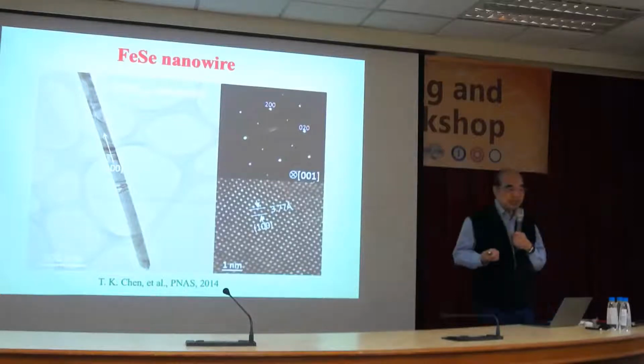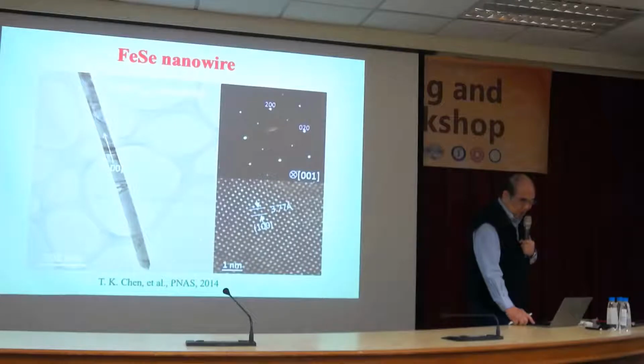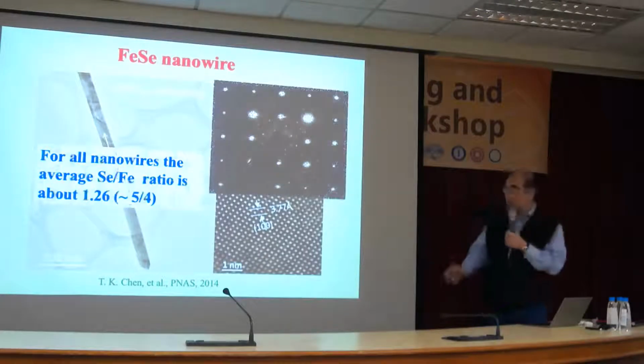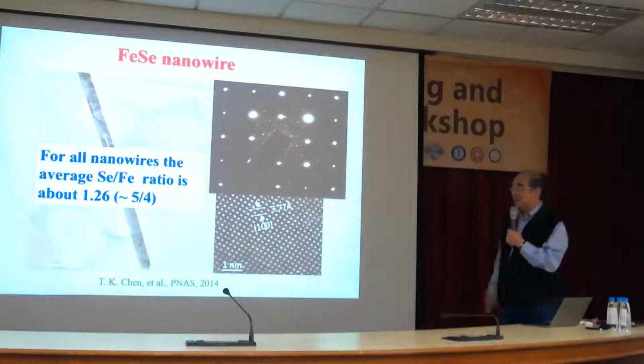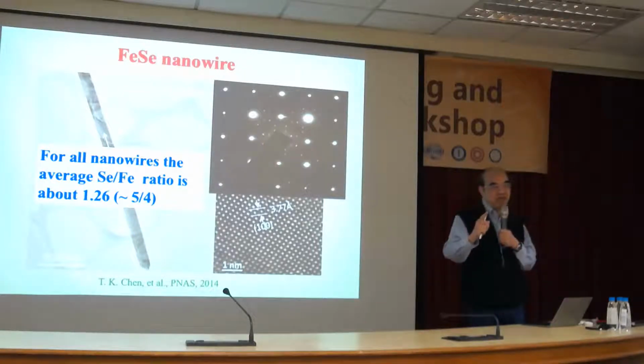It's not superconducting, it's insulating. So we had to look more carefully, and more detailed characterization found this material has a ratio of selenium to iron of 5 to 4, which means every fourth iron atom is missing. There's a vacancy.